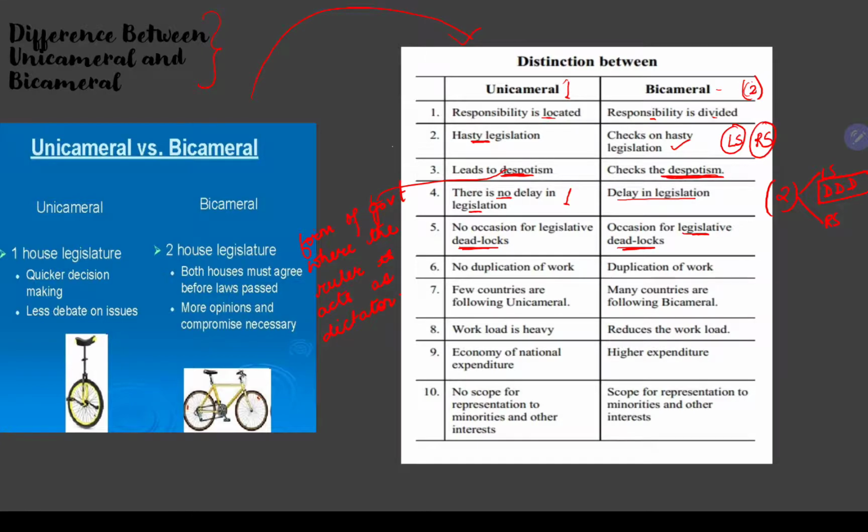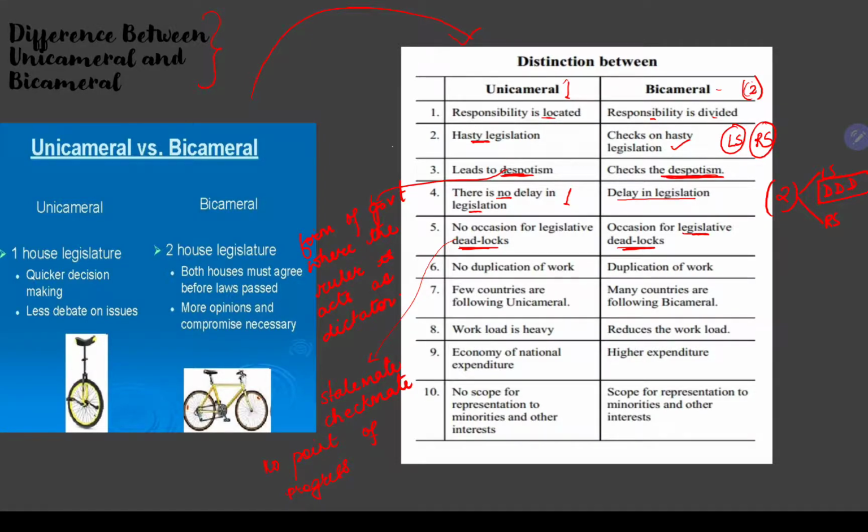So let's understand the meaning of deadlock. It is a situation that is a stalemate, a checkmate, where there is no point of progress.